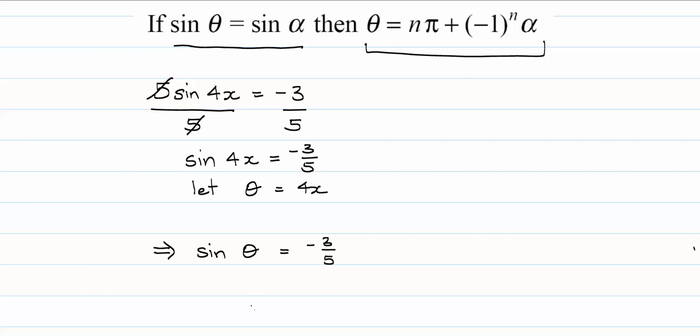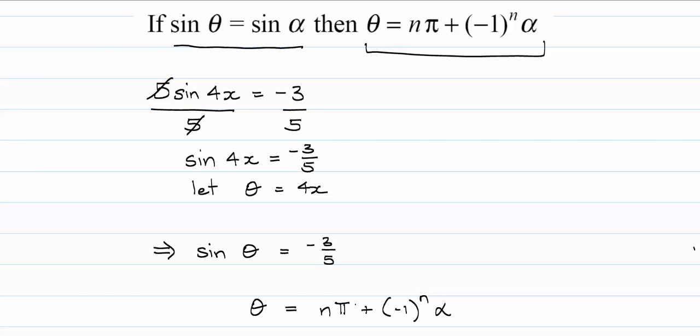So now we can say that for this equation, sine of theta is equal to -3 over 5, theta is in fact n pi plus negative 1 to the power of n alpha. A couple of things to be aware of here.